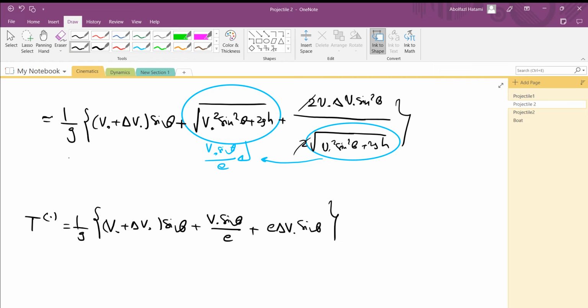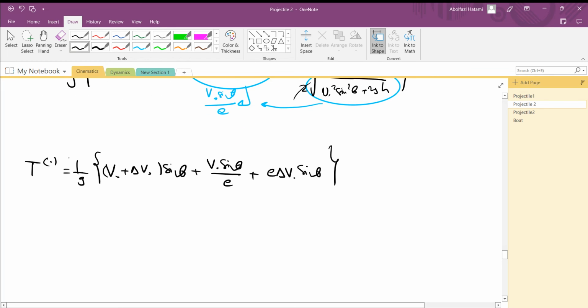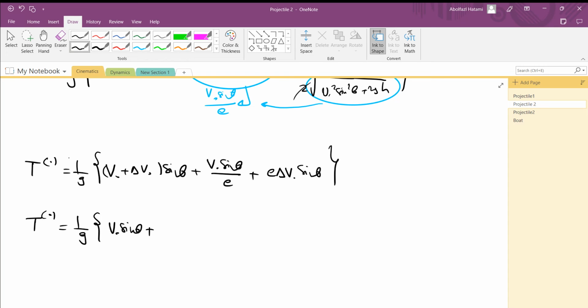Let me check if it is true or not. V0 sine of theta, E delta V0. Okay, it is true.